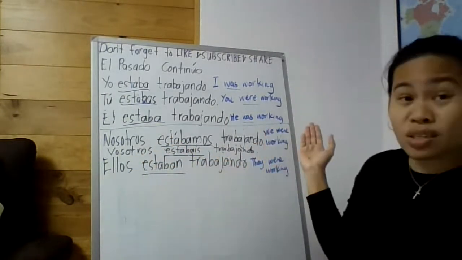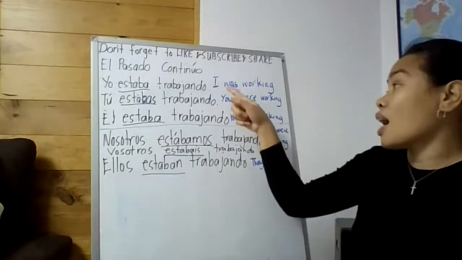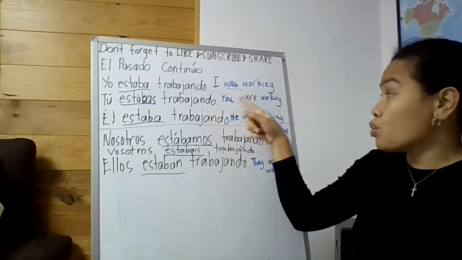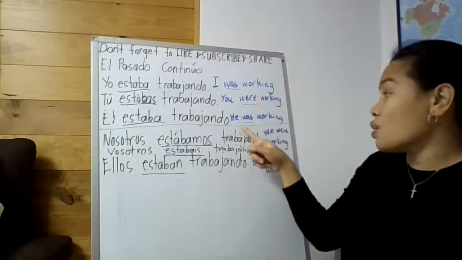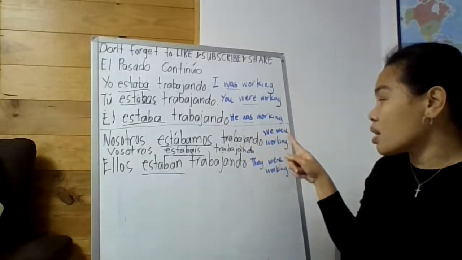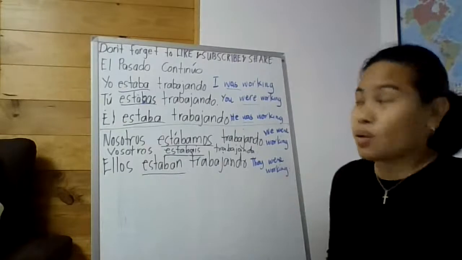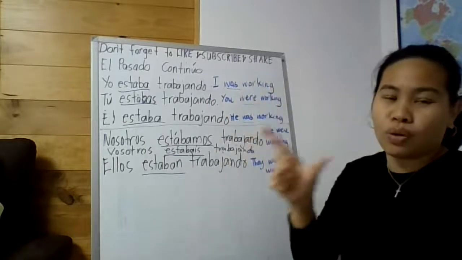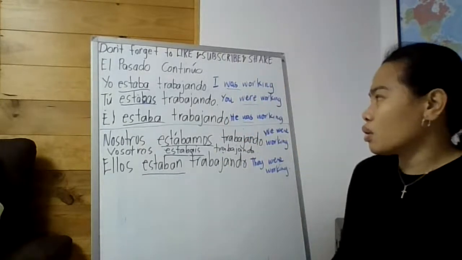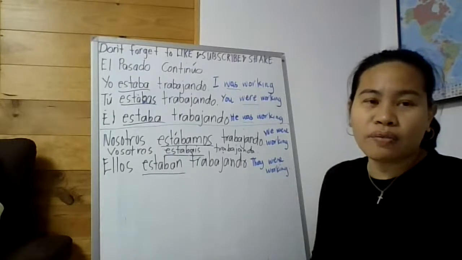So in English, it's the same. You will just add I wasn't, you weren't, he wasn't, we weren't, and they weren't, or I was not, if you don't want to contract that word.